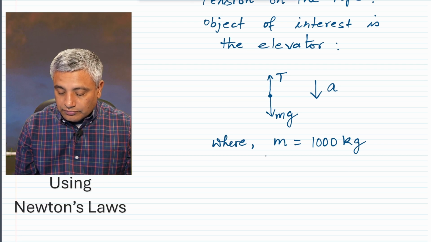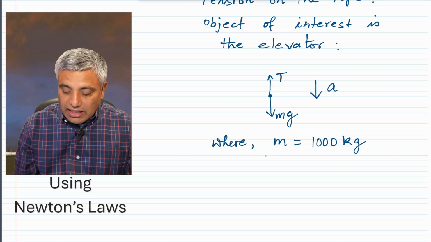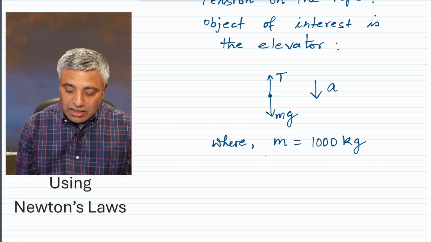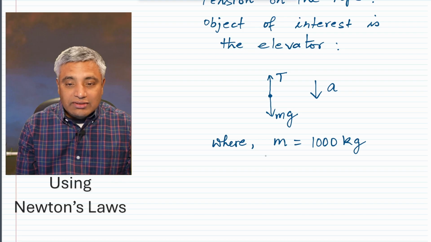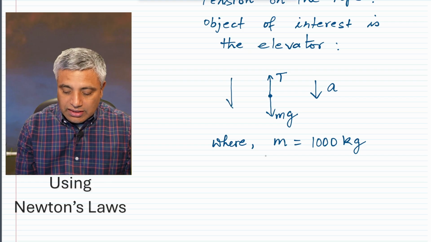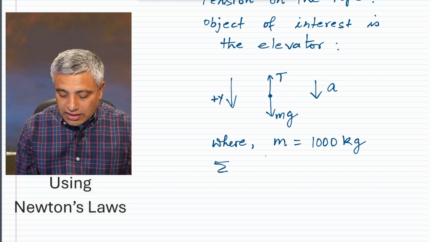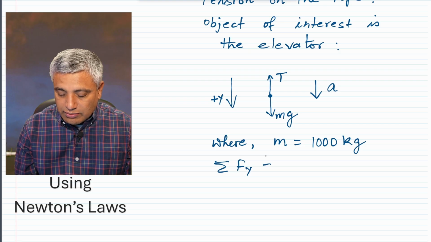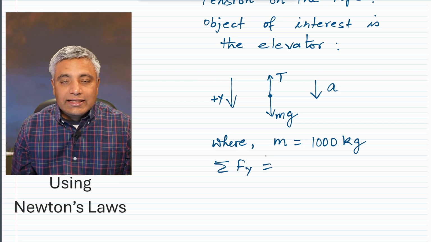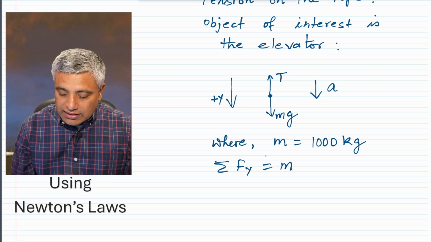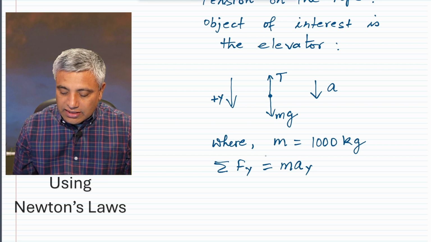Now again we can use Newton's law in the vertical direction. So this time let's take down as positive y. So how is that going to change? Now again the formula is still the same. Sum of forces in the vertical direction is equal to mass times acceleration in that direction.